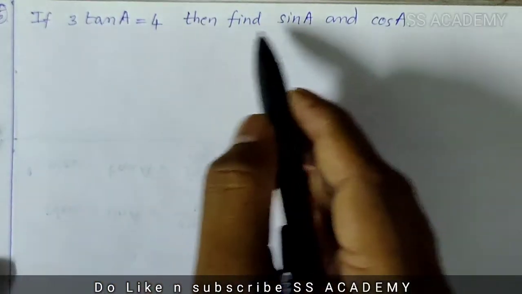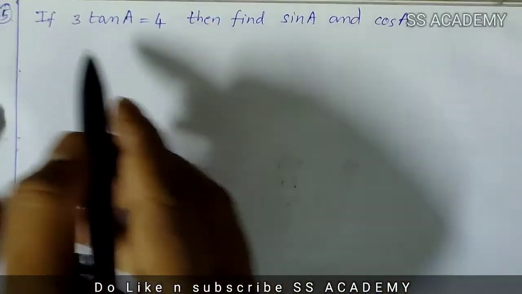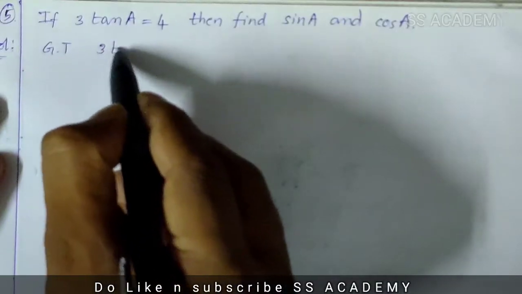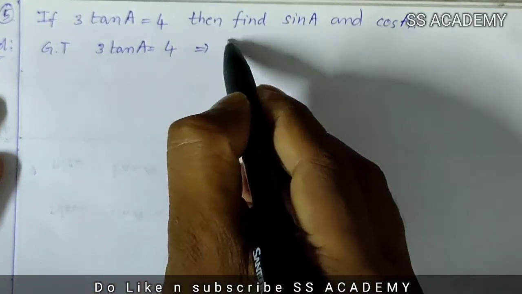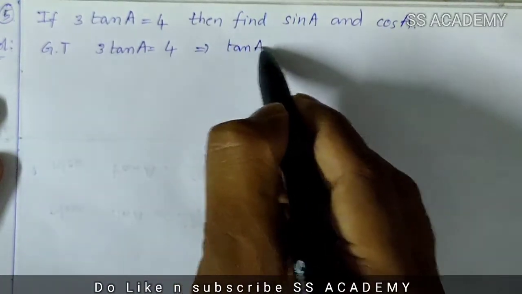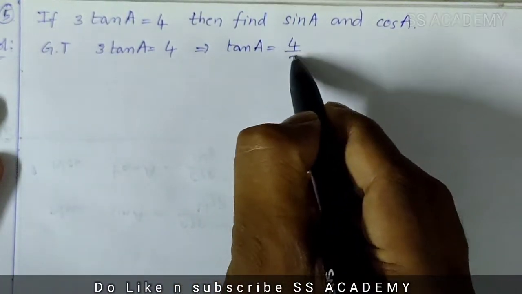Problem: if 3 tan A equals 4, then find sin A and cos A. It is given that 3 tan A equals 4. That implies tan A equals 4 by 3.